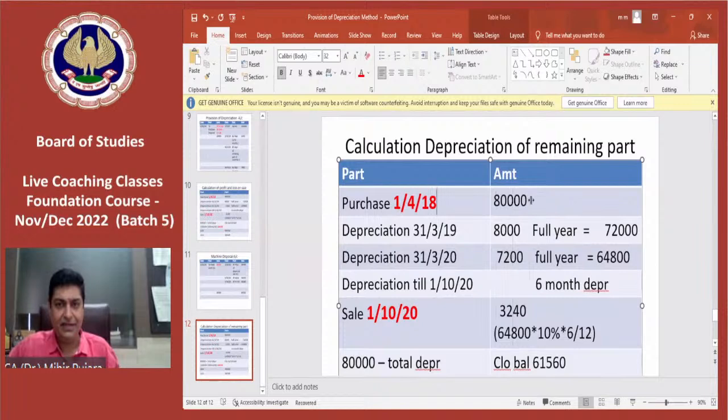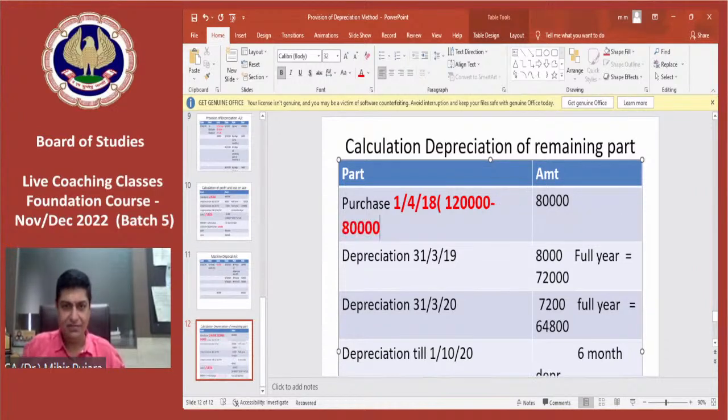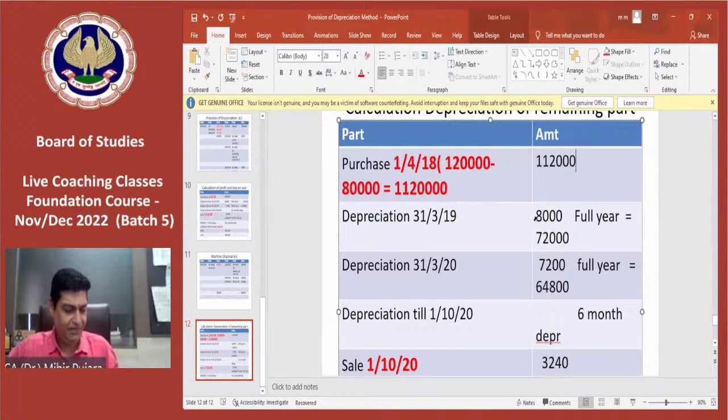So I can say 12 lakh minus 80,000. That is 1120, guys. Remaining part is 1120. Is it clear first of all, guys? Yes, 1120. Perfect, absolutely perfect.